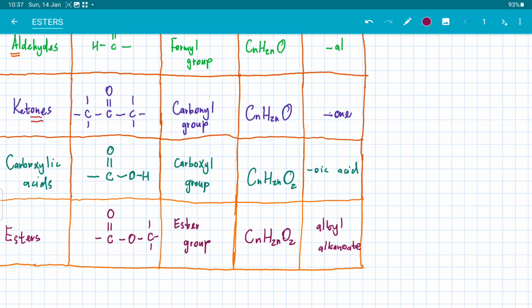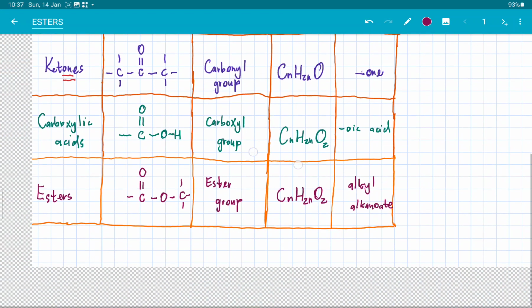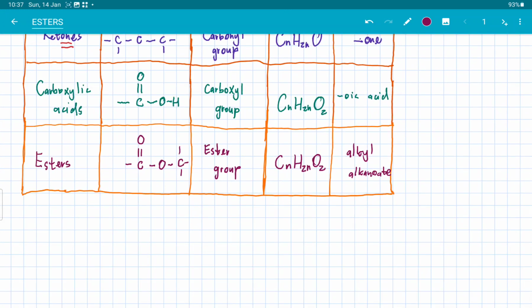Other esters extend. We can even have propyl, butyl, pentyl, and so on. Alkanoate could be methanoate, butanoate, propanoate, heptanoate, and so on. So what are esters? That would be our question.